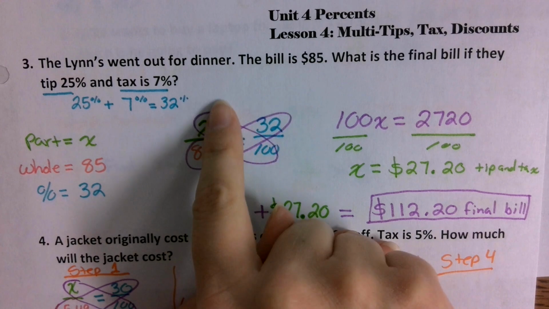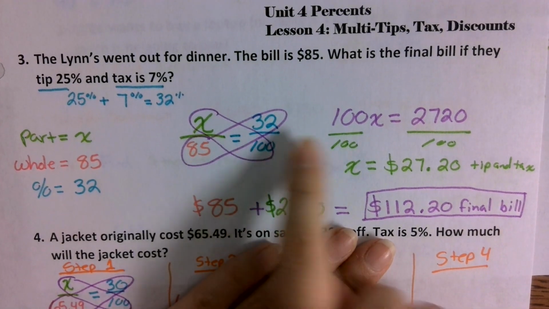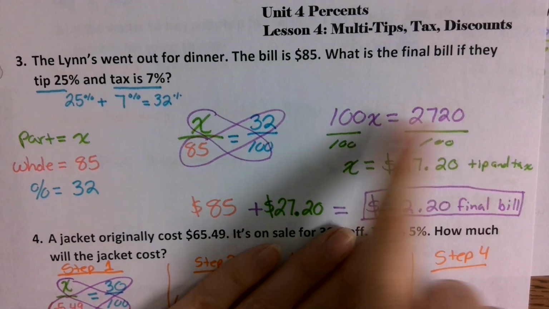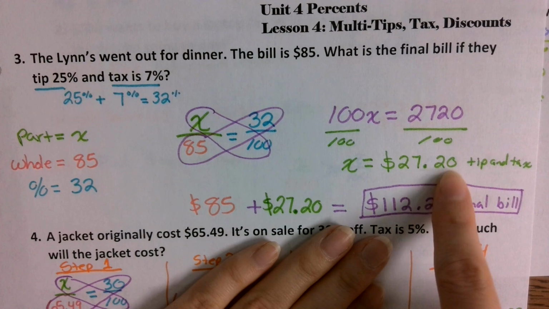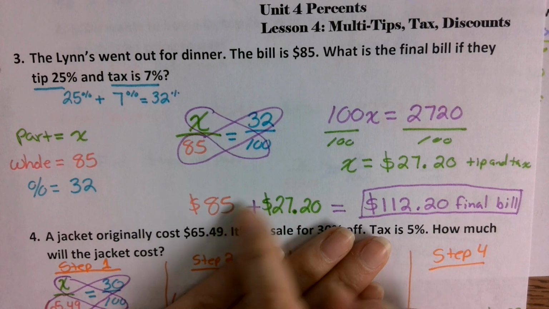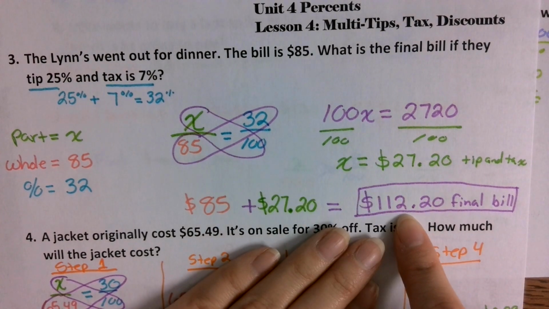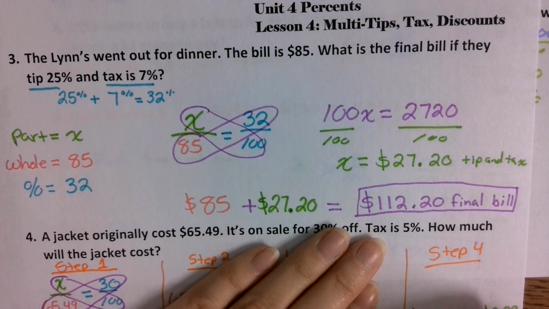Set up your proportion X over 85 equals 32 over 100 and do your cross product. That would give you 100x is equal to 2,720. You would divide both sides by 100 and get $27.20 for the tax and the tip together. You then would add that to the cost of the meal, and that comes out to $112.20 for the final bill.